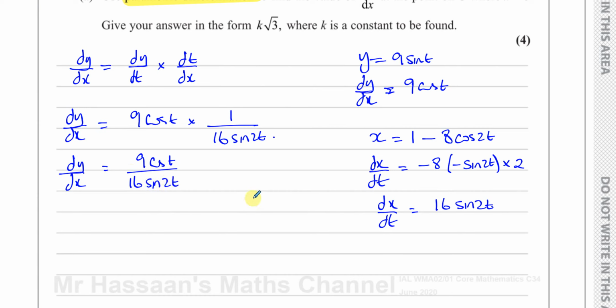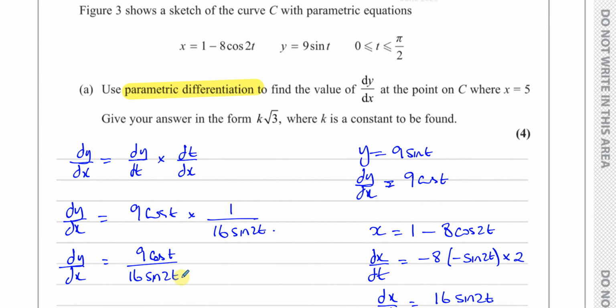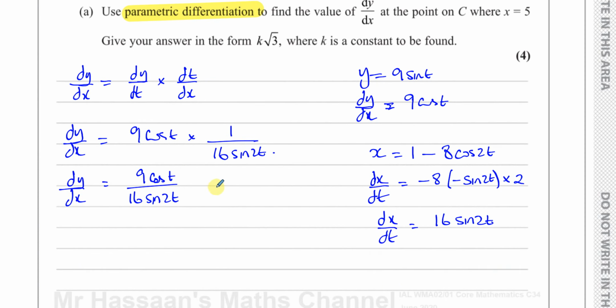We can leave the answer like that, and then continue to find what t is when x equals 5. At the point on C where x is 5, we've got to find t at that point and use it to find dy/dx. However, I'm going to make it slightly easier by using the double angle formula.